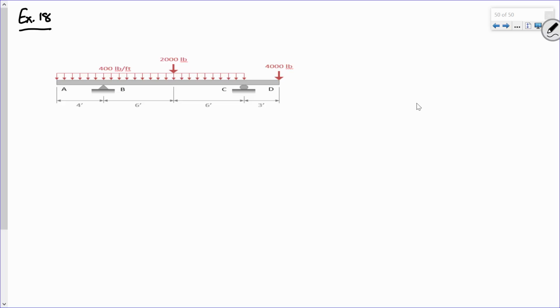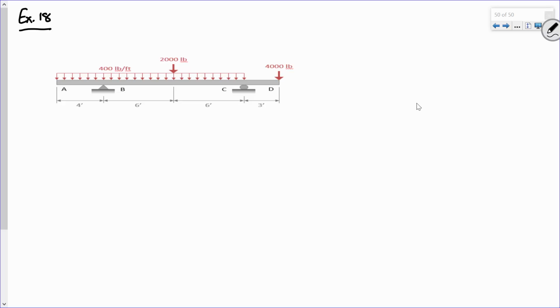That's where a calculator comes in. 6,400. Now, this load, think of it like it's a rectangle. And where's the centroid of a rectangle? It's right in the middle. So this rectangle is what? 16 feet long, so 8 feet from the left end. That's where that load's going to be, right?